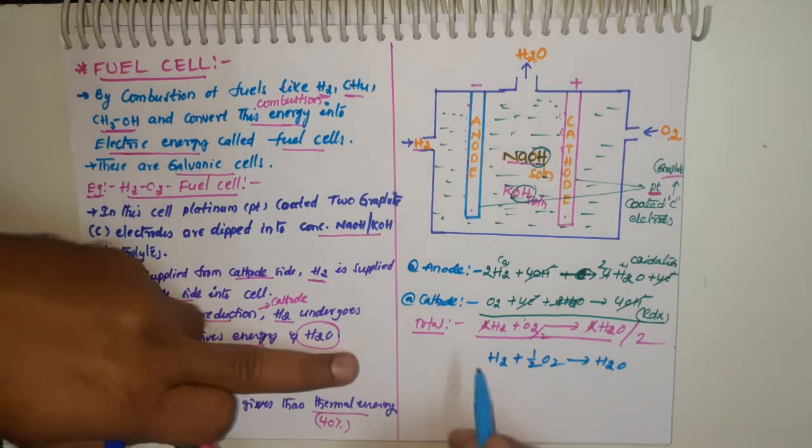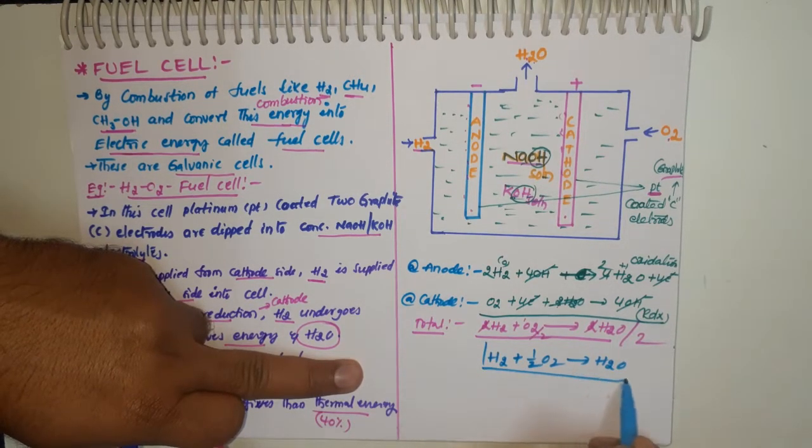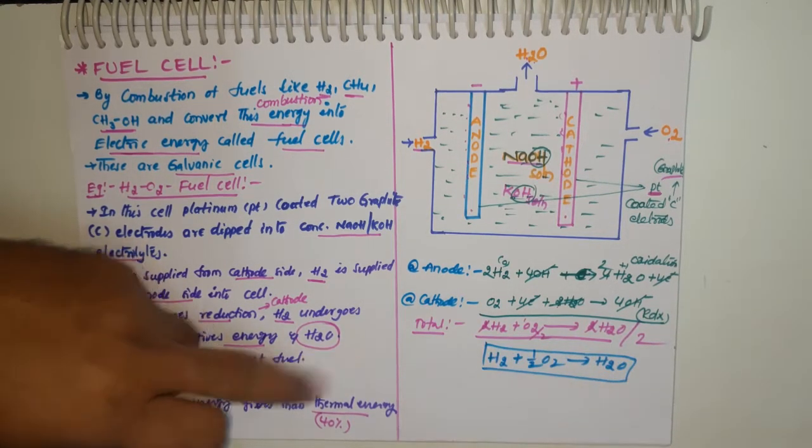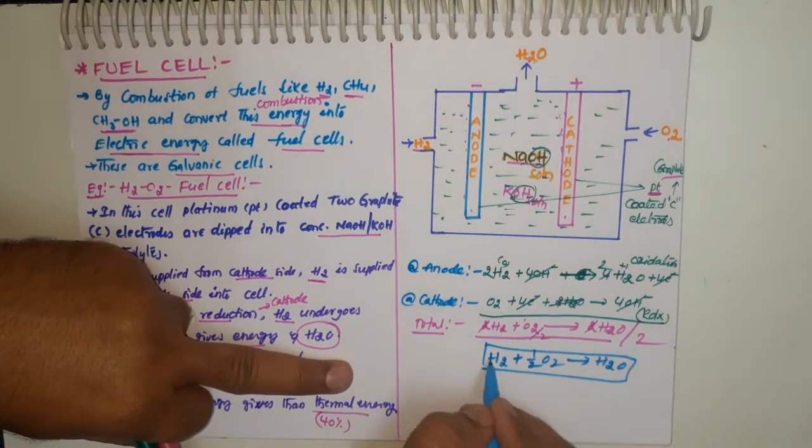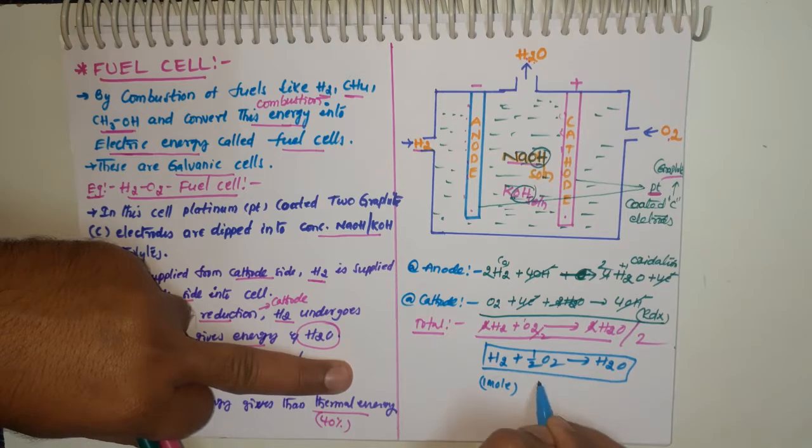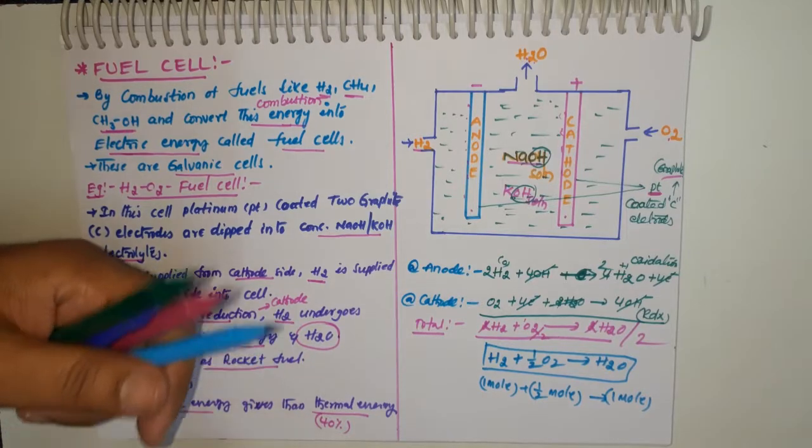This is the stoichiometric reaction of the H2-O2 fuel cell. Here how many H2 are there? 1 mole. And how many O2? Half mole. And H2O is 1 mole.